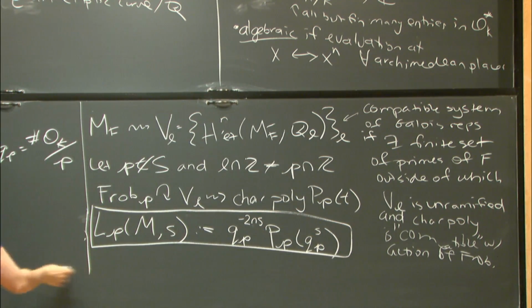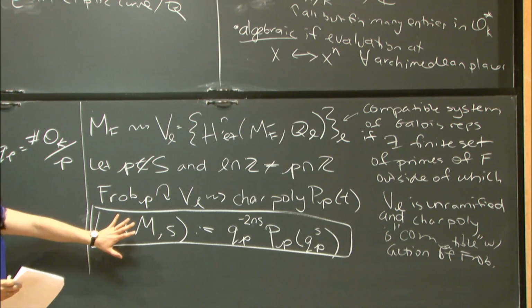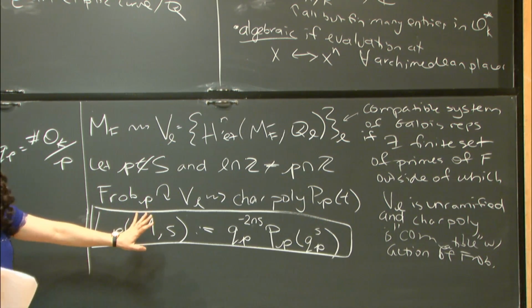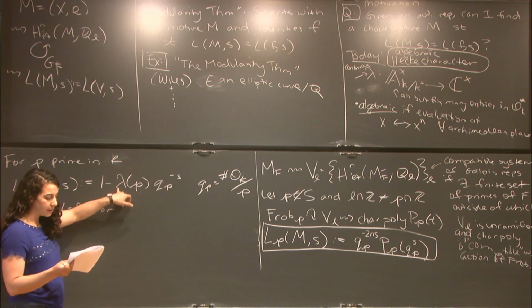So in a sense, the moral takeaway is that this local L factor is completely determined by just computing the action of Frobenius, and this one is just determined by this lambda, evaluating this lambda at primes.